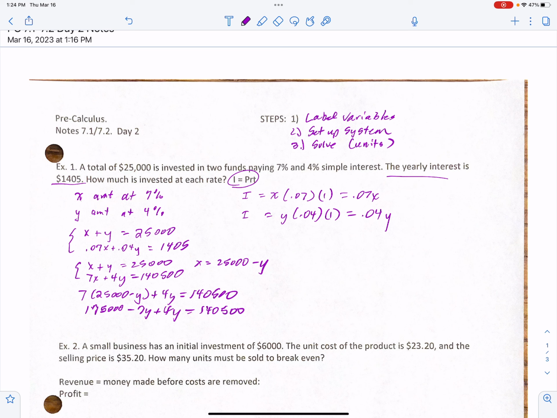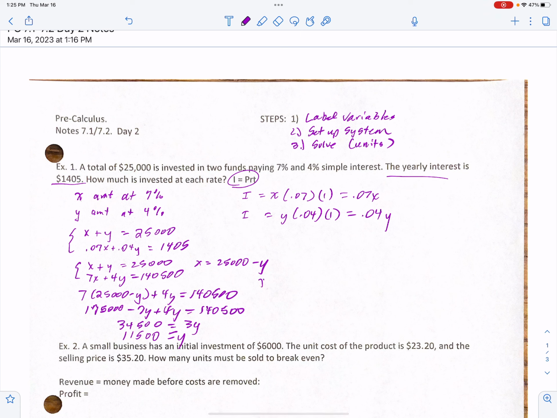And I am looking for my calculator, sorry. If we take the 175,000 minus the 140,000, you're going to get 34,500 for the other side. And minus 7Y plus 4Y is a minus 3Y, but move that to the other side. And if we divide that by 3, we get Y at 11,500.